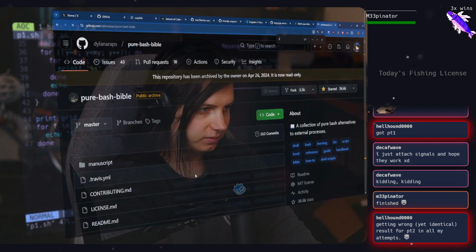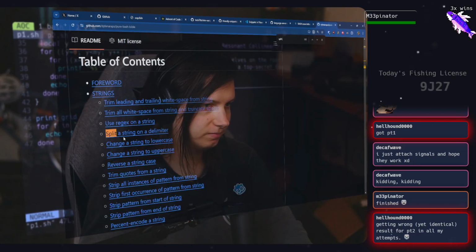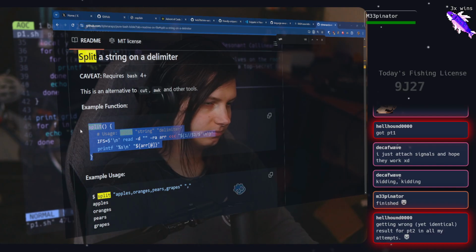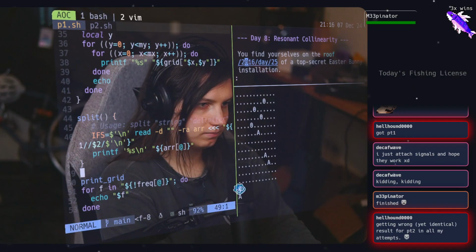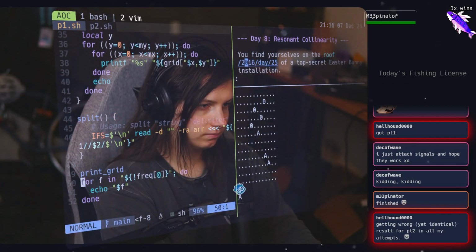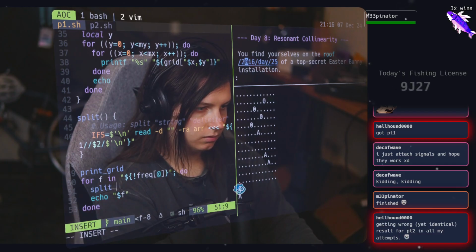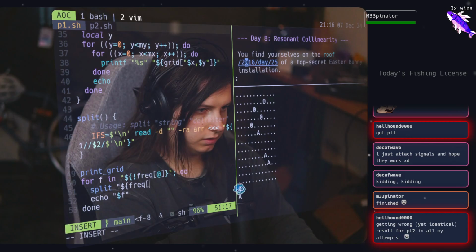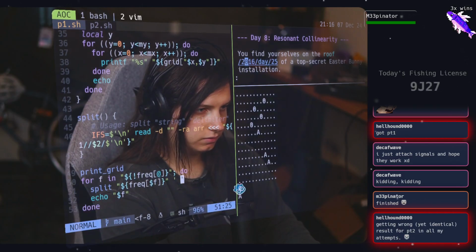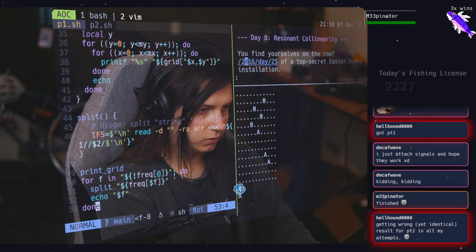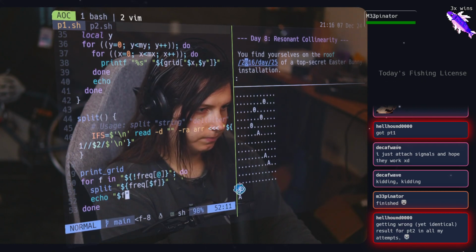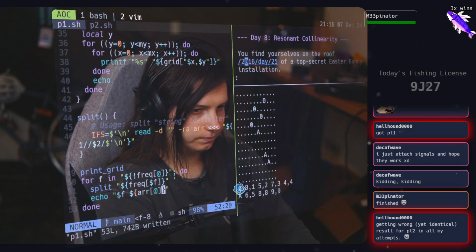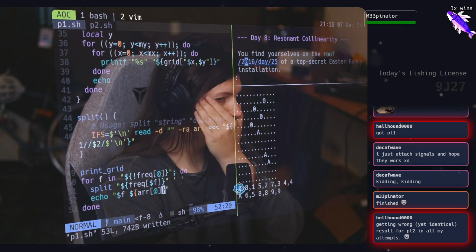Another one that's going in the list. Splits. Freq F, 5 spaces. Gives us all of the coordinates. Cool.